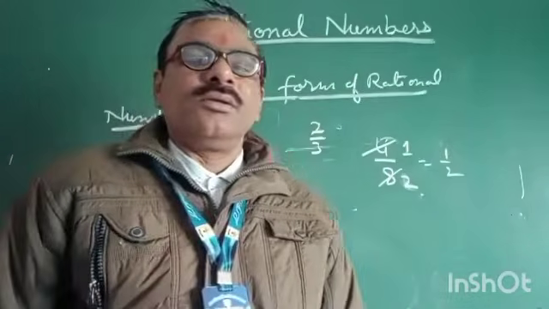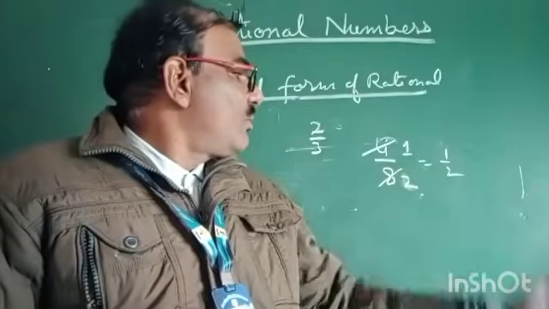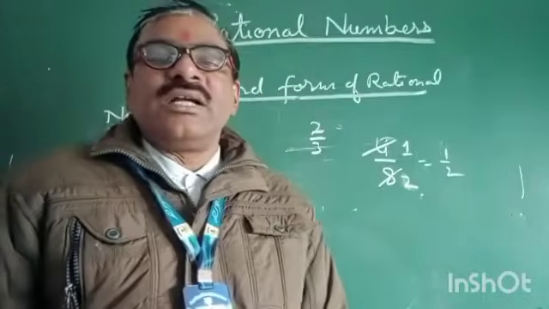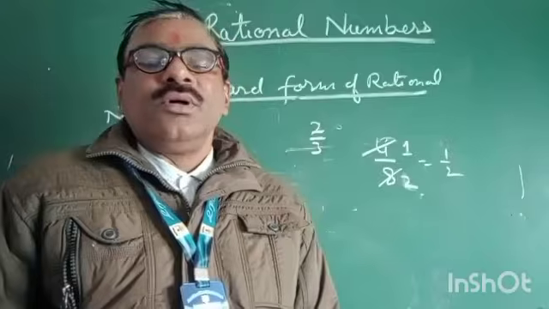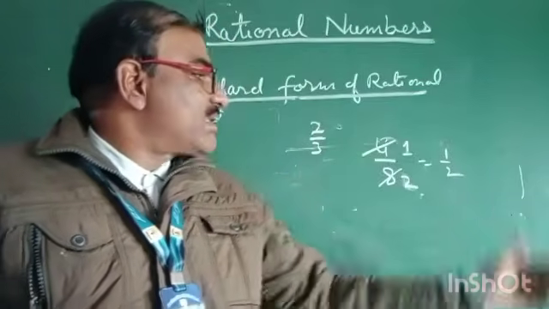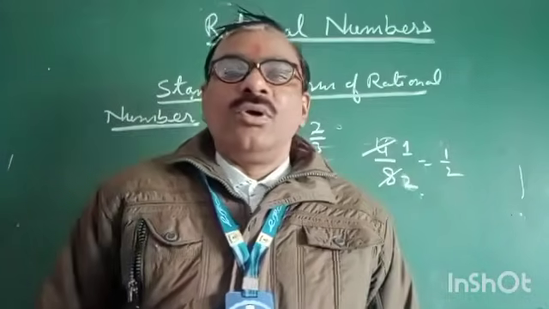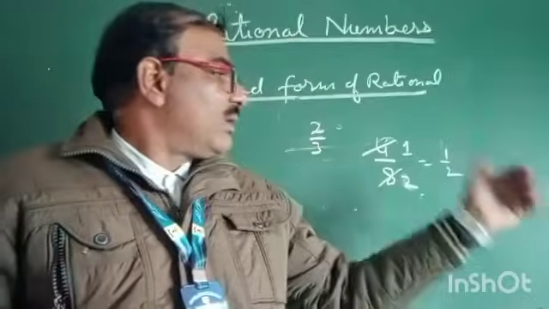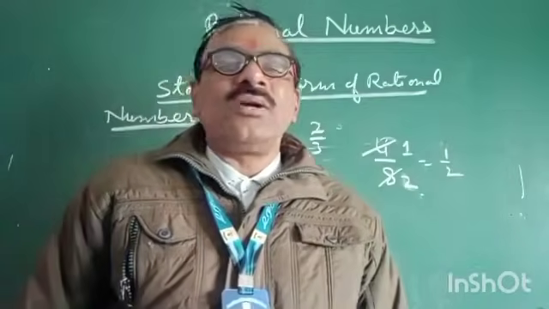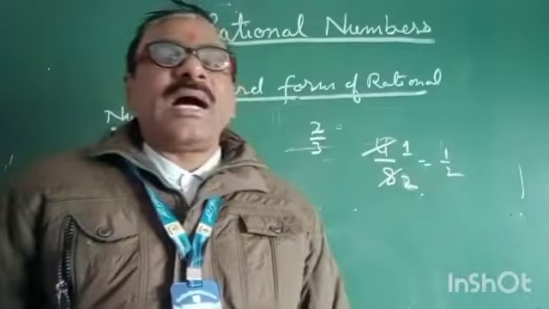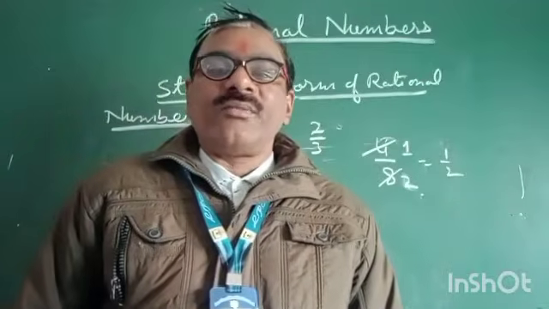Here 1 by 2 is the standard form of rational number, because HCF of 1 and 2 is 1.